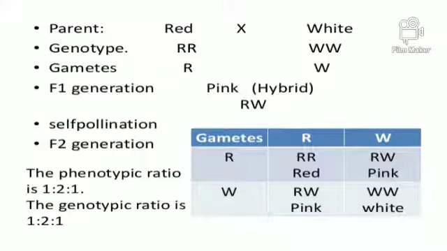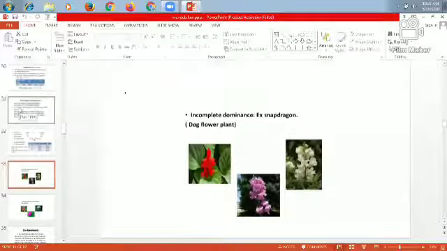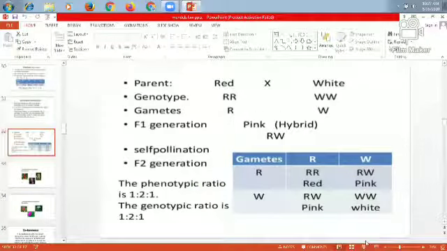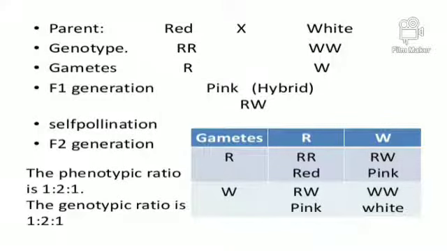The example here is the parents. Here the example is a red flower crossed with a white flower. In the case of the hybrid, we would expect to get the red one, but here we are not getting the red one.